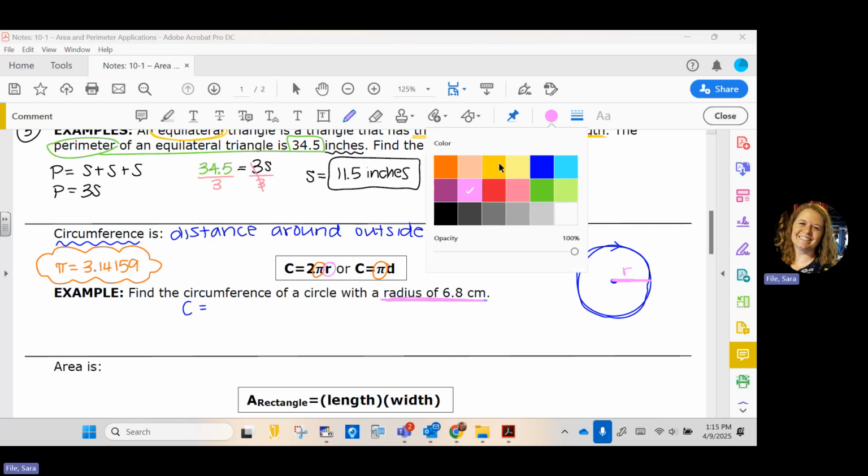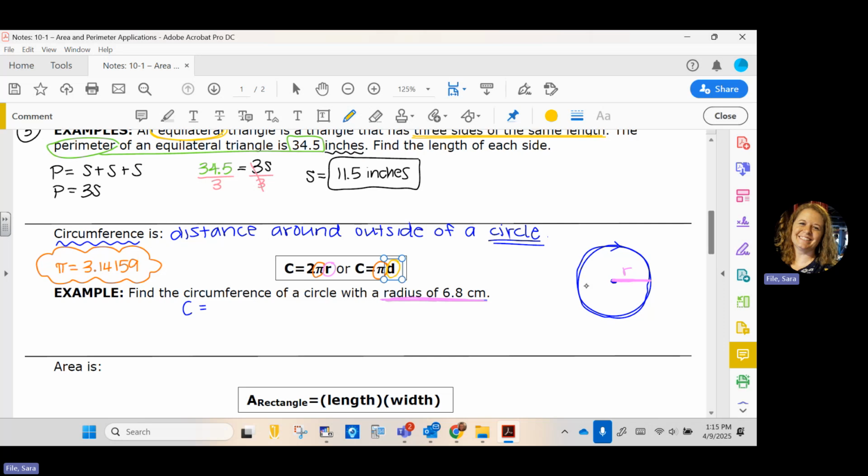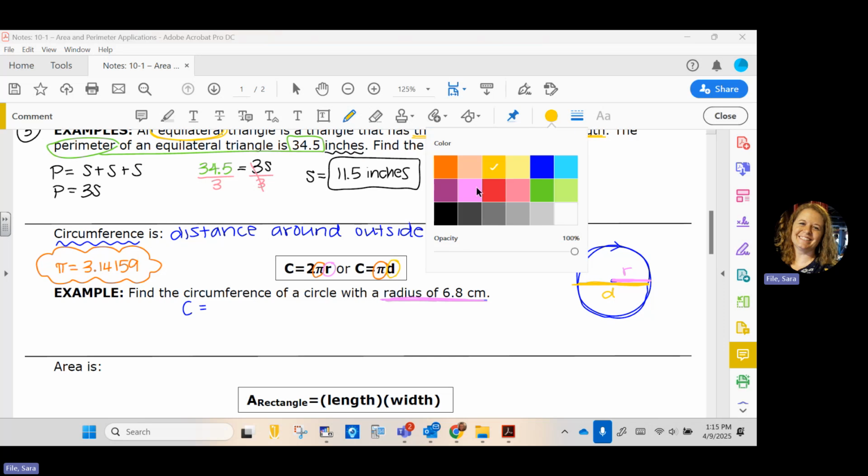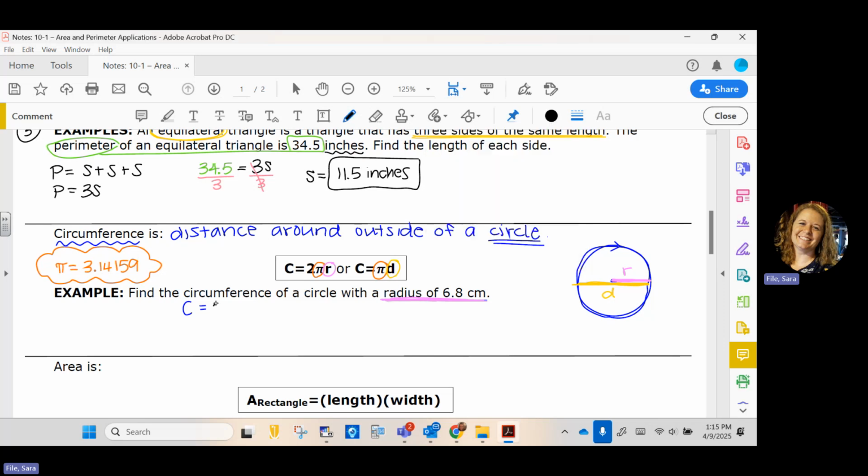D, if you're told you have your D, that is diameter. Diameter is all the way across through the center. Okay, so diameter is all the way across. Radius is halfway across. Does everybody understand the difference? So this one gave us radius, so we are going to use the formula that has radius.